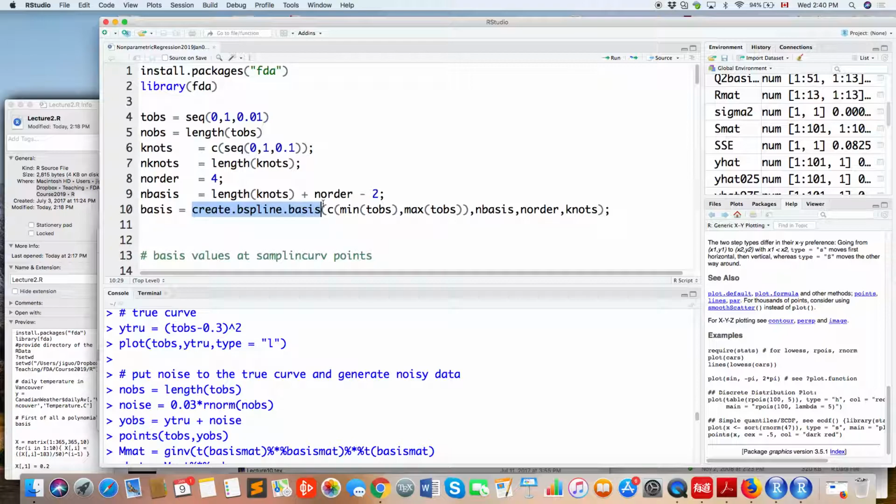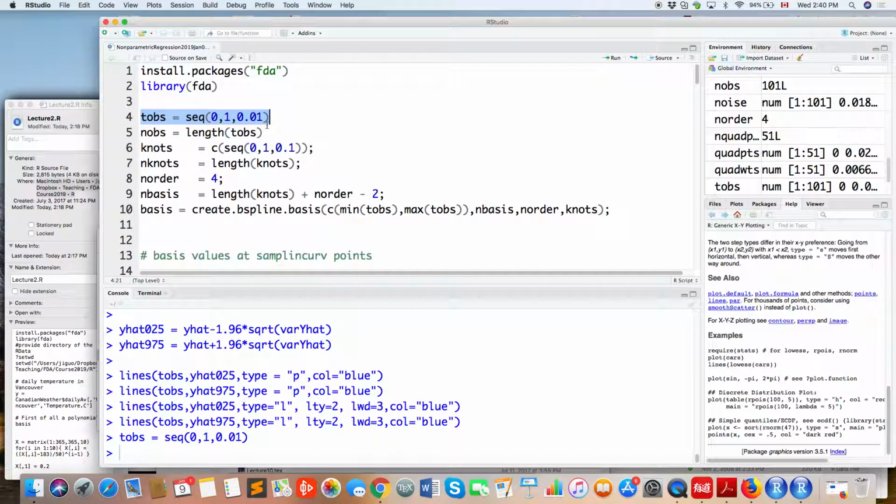This function requires some arguments. You first need to define the boundaries of the interval. Here, my time points are from 0 to 1, with one data point every 0.01, equally spaced, so the boundaries will be 0 and 1. Then you need to give the number of basis functions.